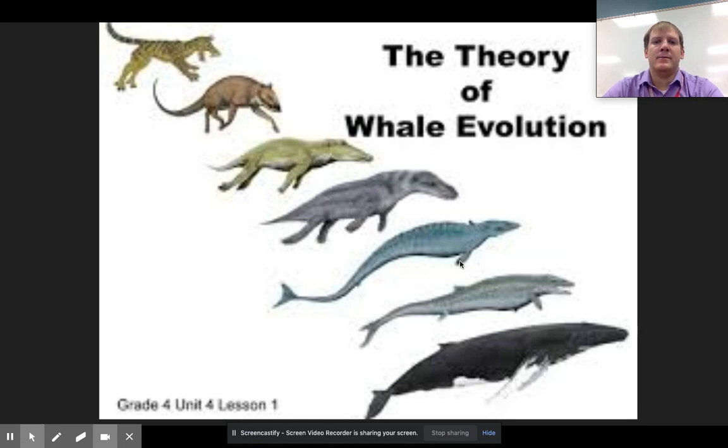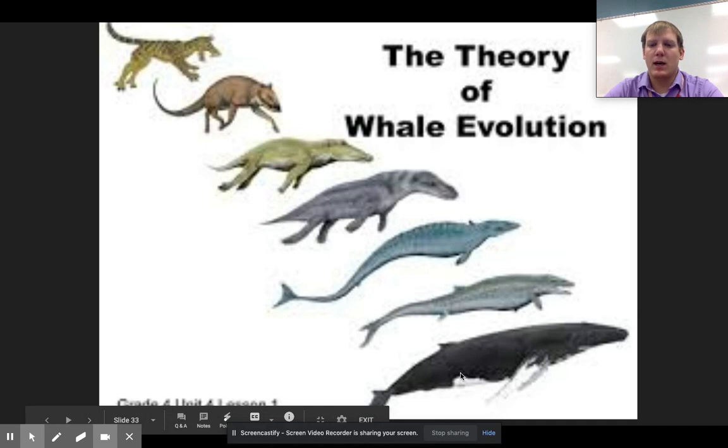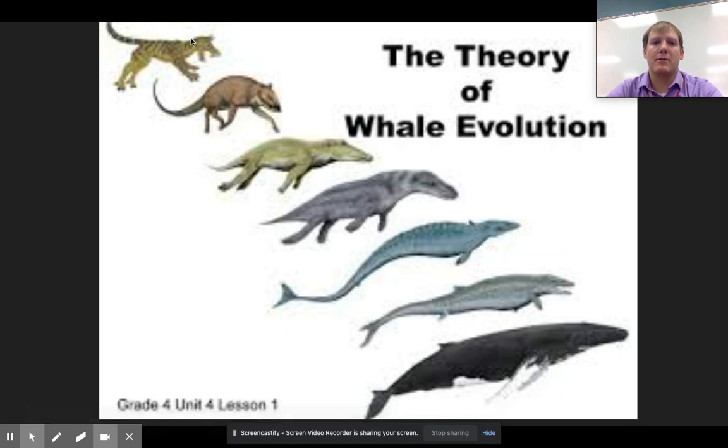This idea explains why whales have a pelvis. If they originally came from land where they had to have back legs, we have a pelvis. You can look this up on your own if you want to explore it in more depth.